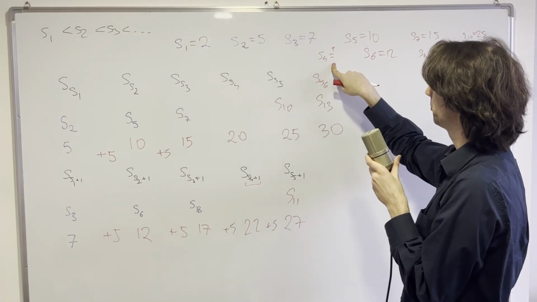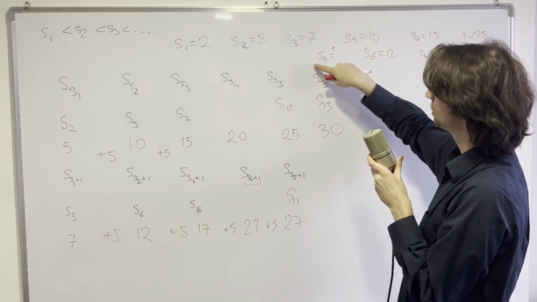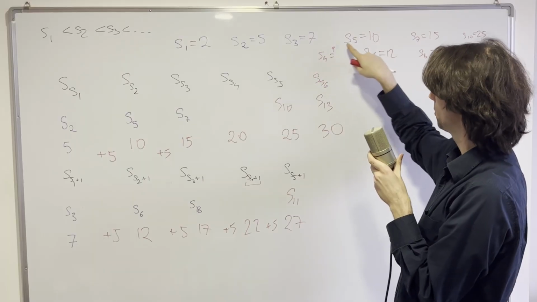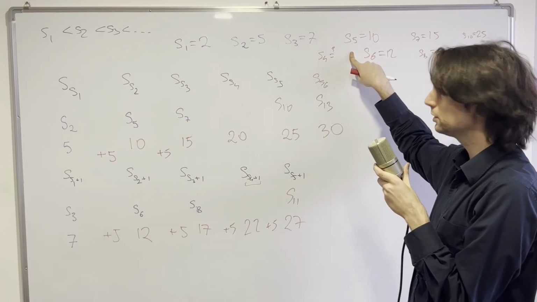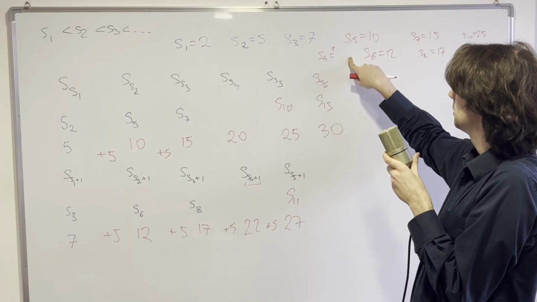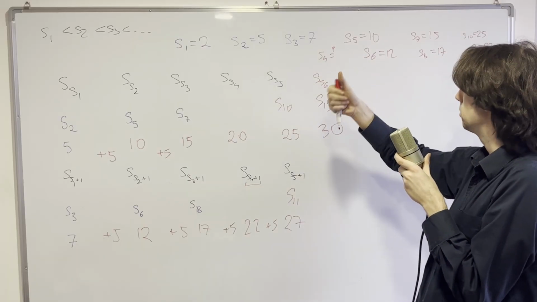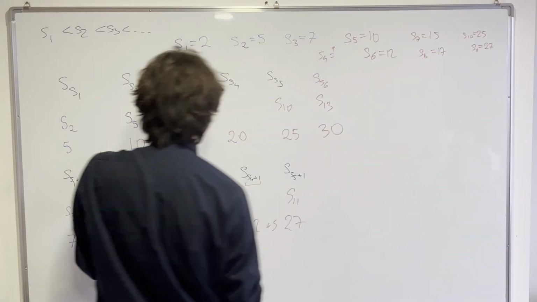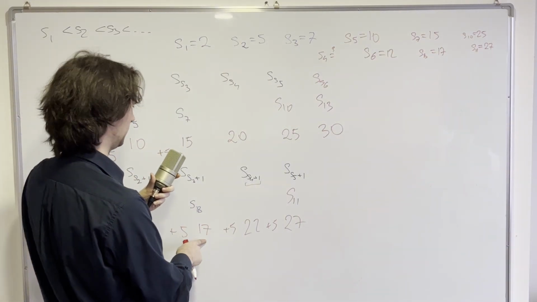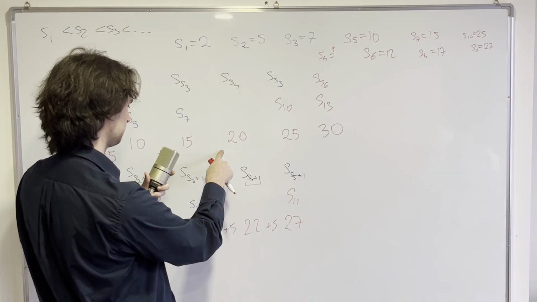So S4 is going to be of distance 1 from S3 or distance 1 from S5. Because S4 can be either 8 or 9. If S4 was equal to 8, we'd have a contradiction because this is 17, this is 20.